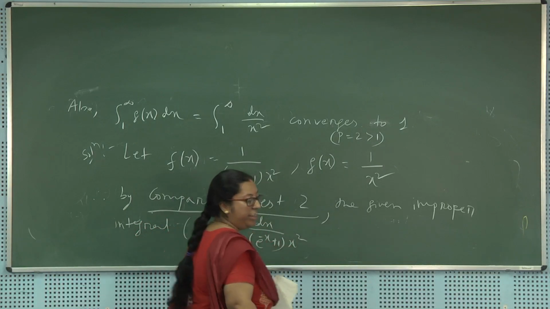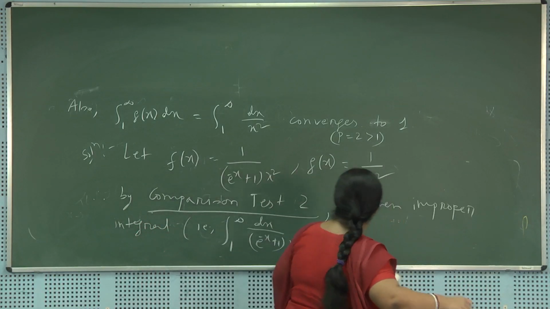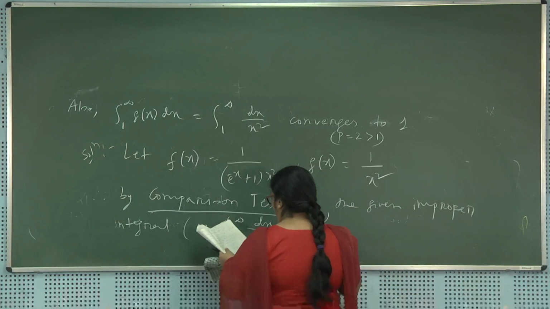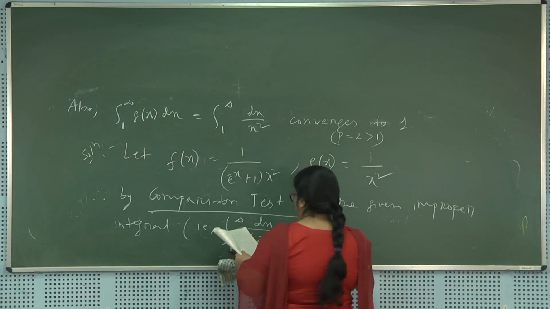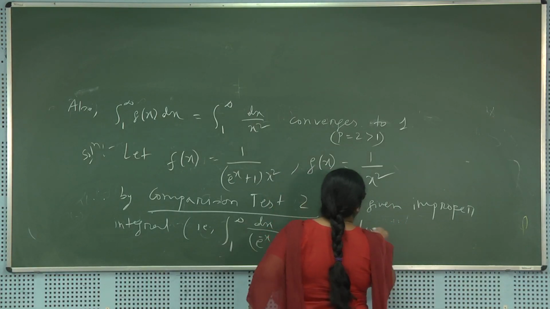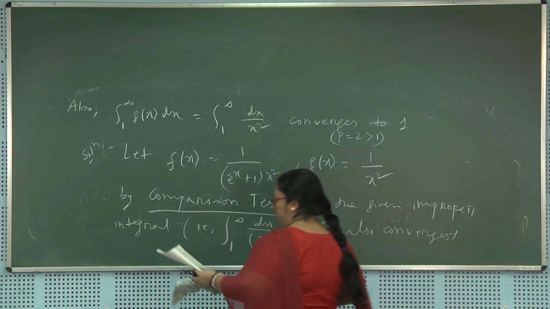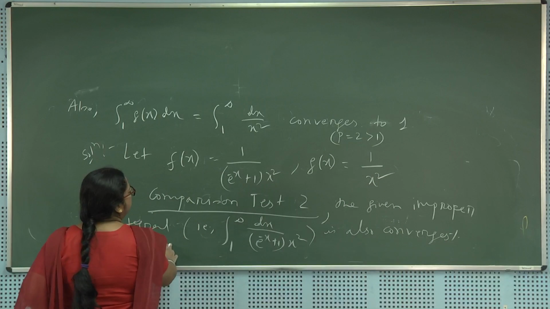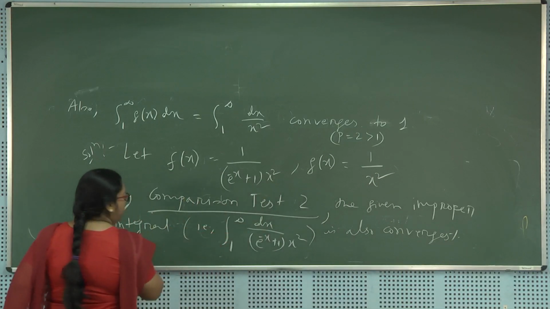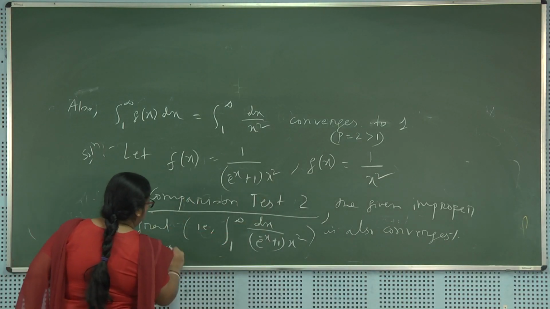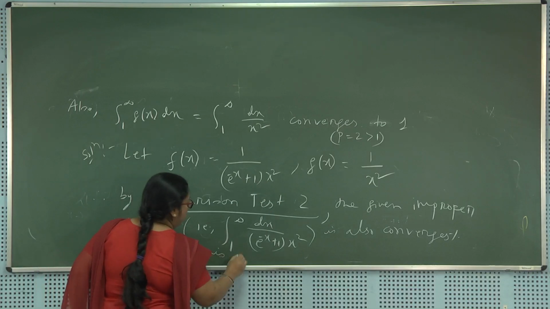This given improper integral is also convergent, because our g(x) is convergent, and moreover its value is less than 1.